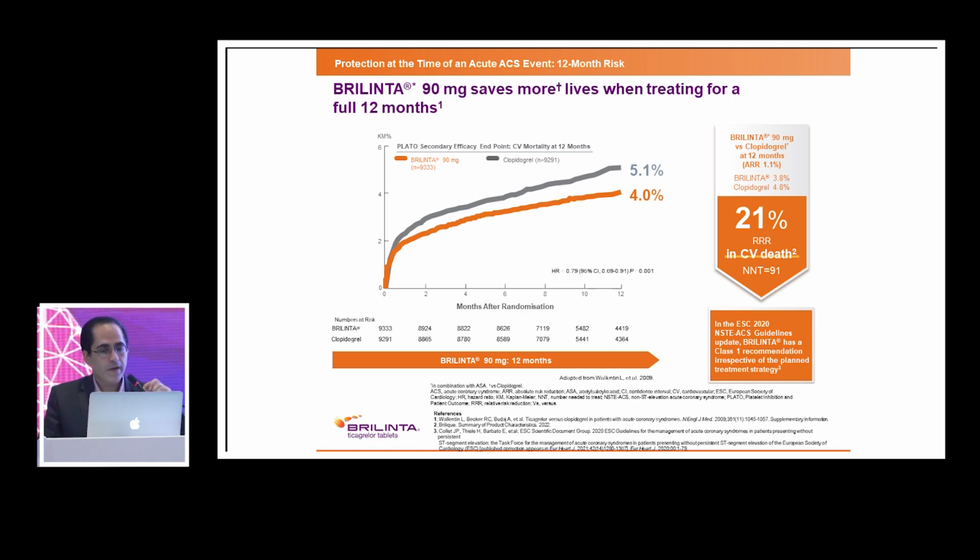Ticagrelor versus clopidogrel shows a 21% relative risk reduction in overall cardiovascular death, and the number needed to treat is almost 91. That's why the European Society of Cardiology 2020 non-ST elevation MI guidelines were updated so that Ticagrelor has a class 1 recommendation irrespective of the planned treatment strategy.